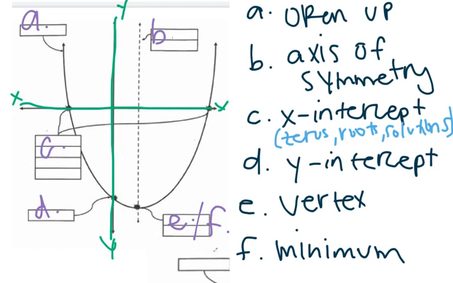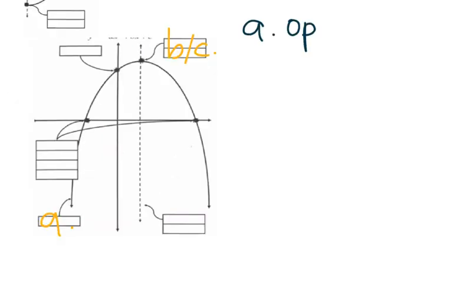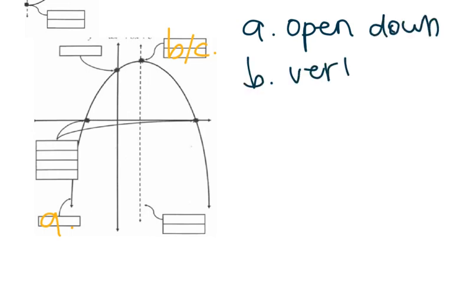These are also the same for the inverse of the negative parabola. Only thing that would be different would be the orientation of how it opens, which would be open down, and our vertex would have a maximum. So here my A would be opens down. My B would be, this is called my vertex, but because it is called the high point, it is my maximum.